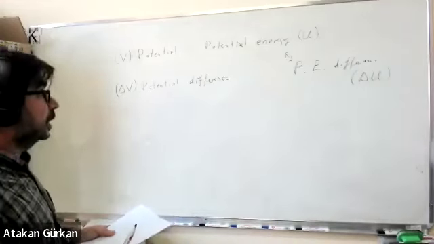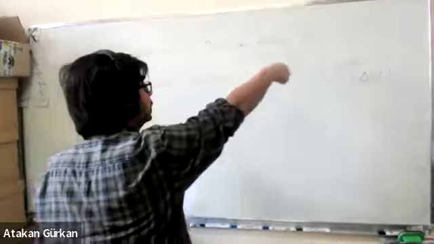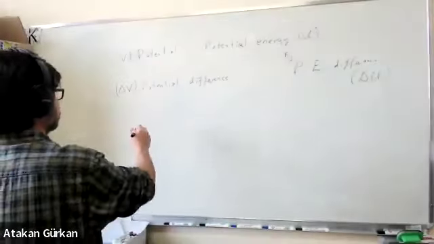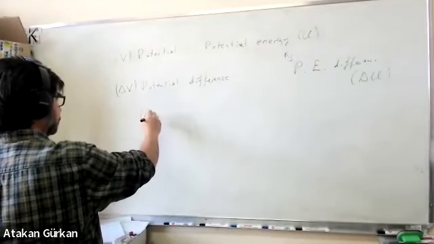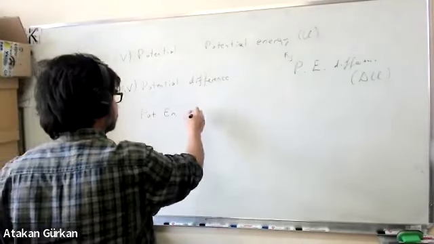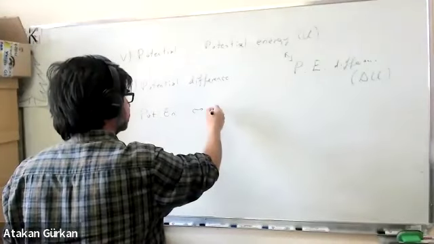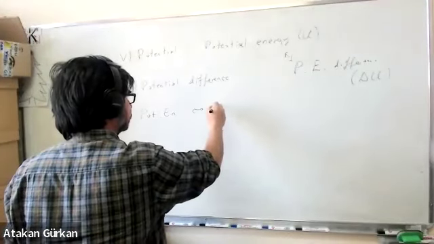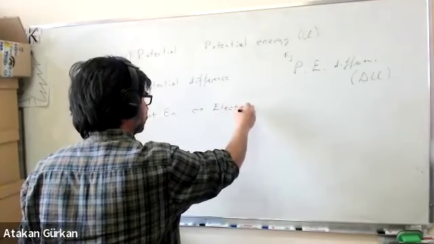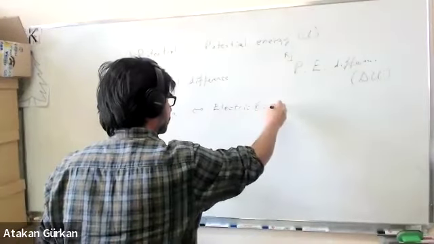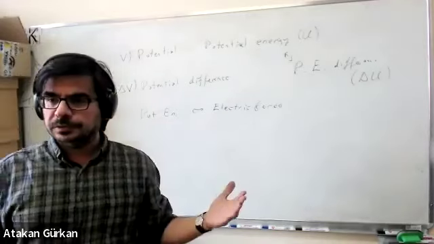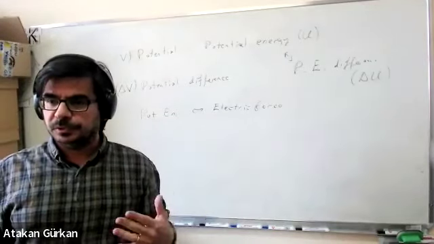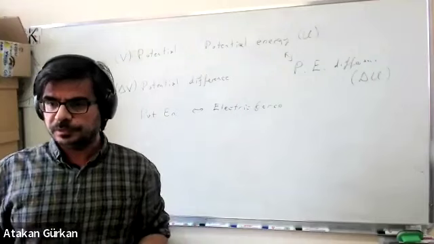Now, how was this potential energy defined? Potential energy in mechanics was related to gravity. Now it's going to be related to the electric force. I don't know if you recall the relationship between the force and the potential energy, but one determines the other.